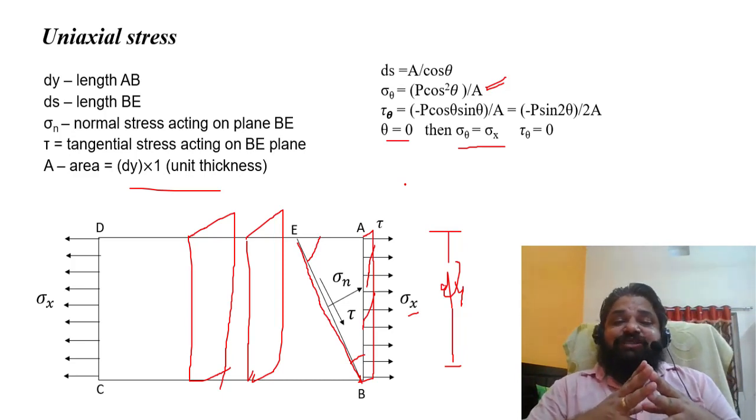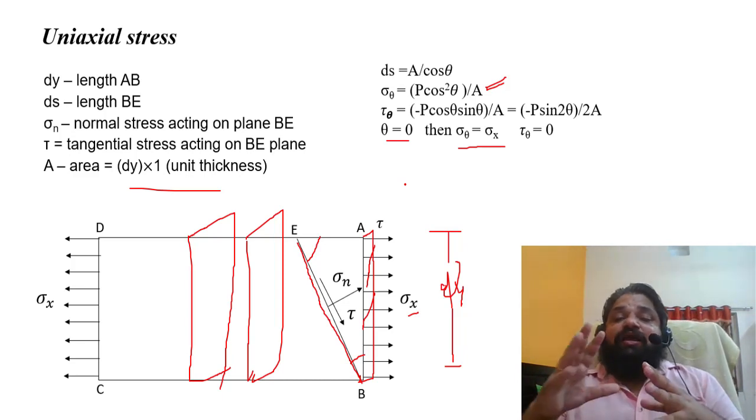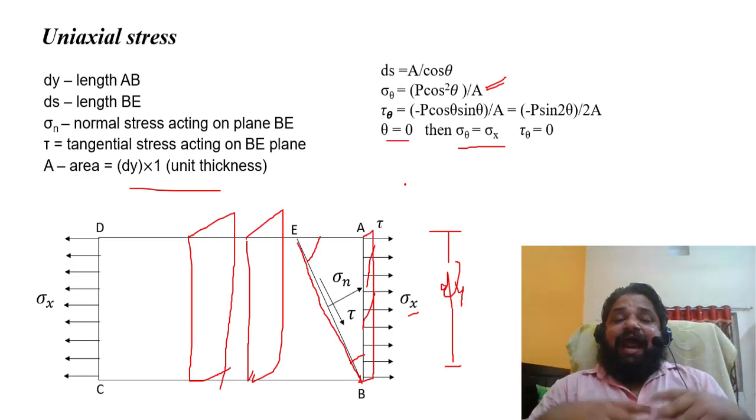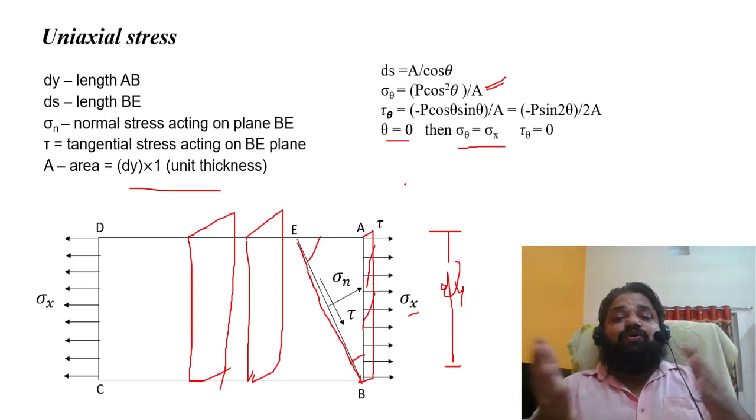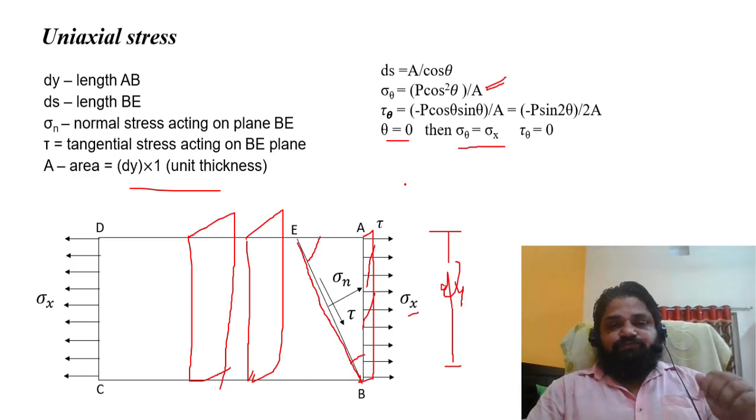If I go for a rectangular element, there will be no shear stress, because there is no angle change. If there is no distortion and perpendicularity is maintained, then there will be no shear strain. If there is no shear strain, then there will be no shear stress. So based on that, we will see everywhere.